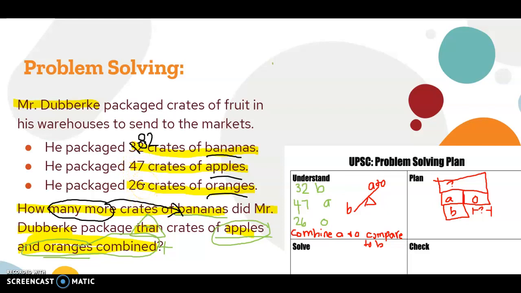Even if we're combining them together, it still has to be greater than the two in order for us to compare it. So it has to be more. So I'm going to make the correction on the slide, but I just wanted to point that out right now because I know you're probably thinking, well, that's not going to work out. Some of you who are already thinking ahead are probably like, well, you're not going to have more bananas than apples and oranges combined. So, this is why, because the number needs to be 82 instead of 32.